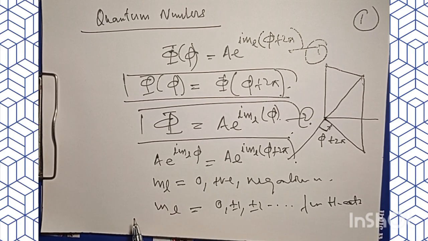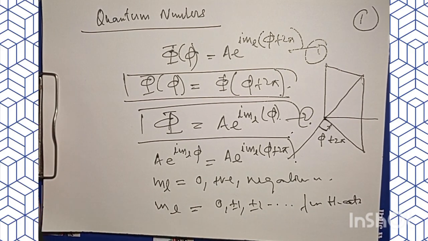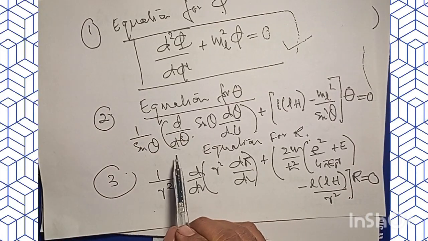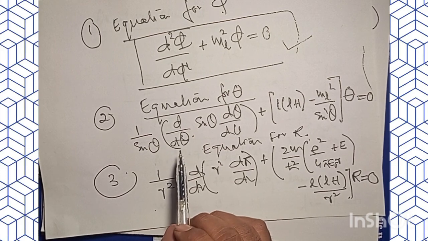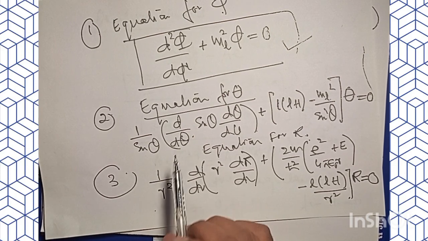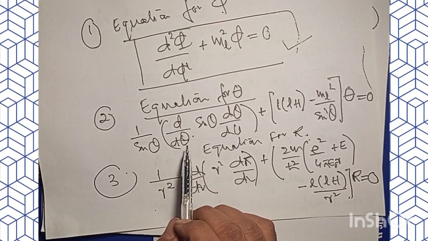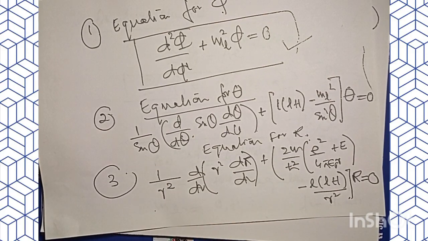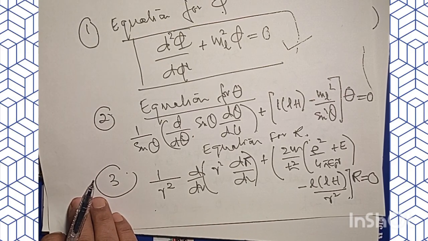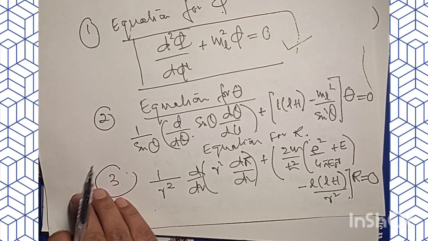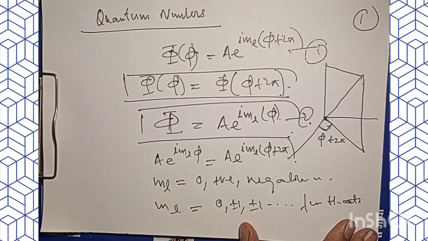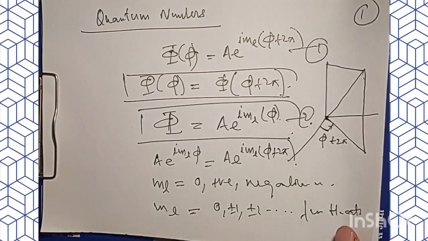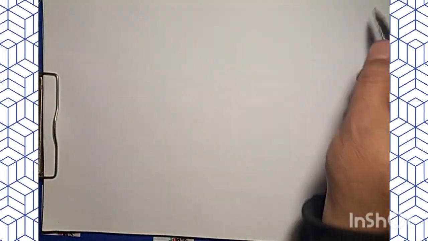So if we go to the differential equation that we have here in terms of theta, this equation also provides a solution in terms of L, and that L is an integer, and this L can be equalized to ml, and we can have the values of ml that we have defined here.